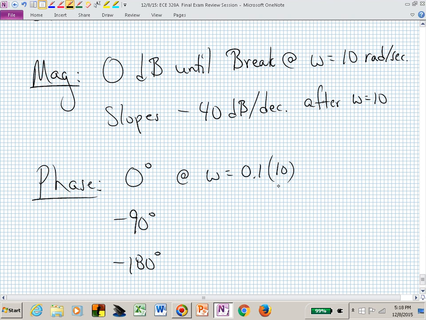A decade before the break, which is 1. It's going to be at minus 90 right at the break, which is 10. And a decade beyond 10, or at 100, it'll be minus 180, and it'll be that value from there on after.